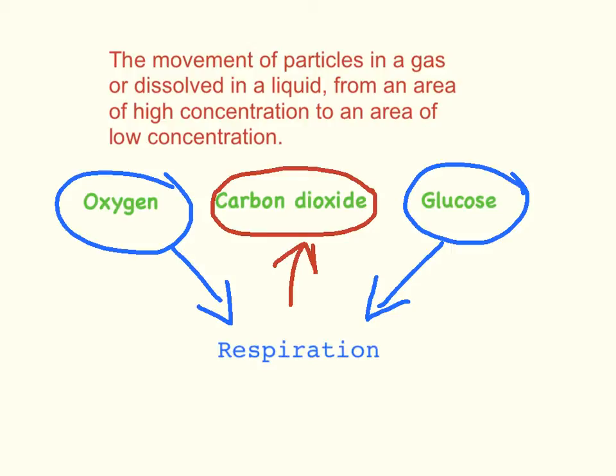It's also worth a quick mention here about how oxygen and glucose actually get to the body cells. You know from year 8 that they're being delivered by the bloodstream, so you need to think about where that oxygen came from. It comes into the body, you breathe it in the air that you breathe into your lungs, and then the oxygen molecules will actually diffuse from inside your lungs in the alveoli into the bloodstream.